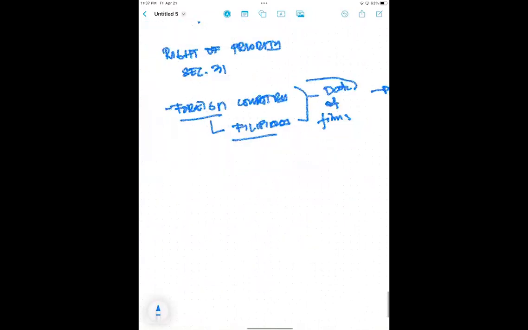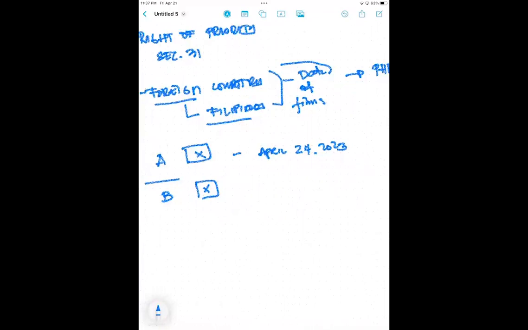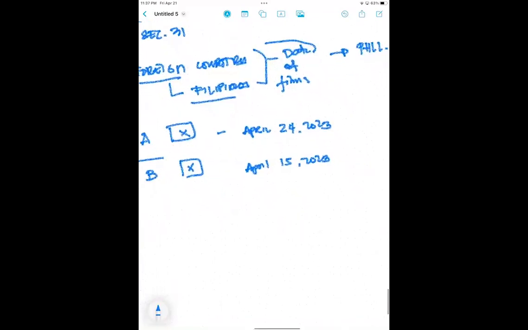Okay? Now, again, A and B separately and independently from each other both came up with X, the same invention. A filed this application April 24, 2023. B filed this application April 15, 2023. So under the first to file rule, B should be given the patent, right?